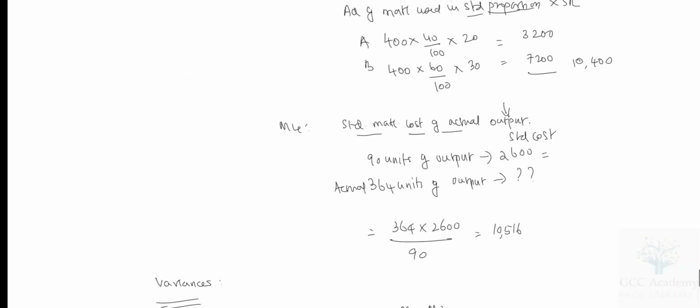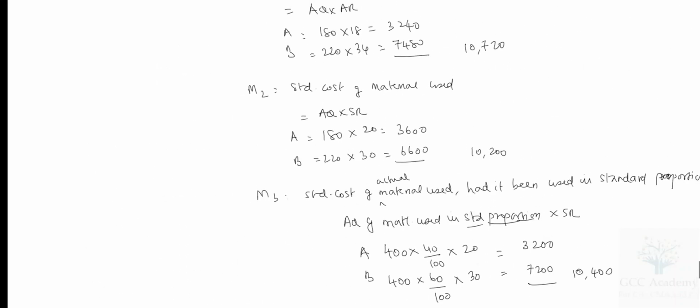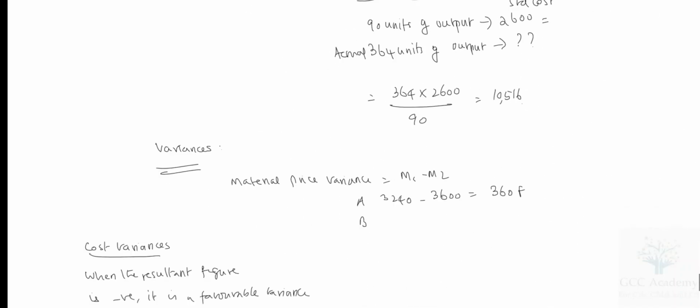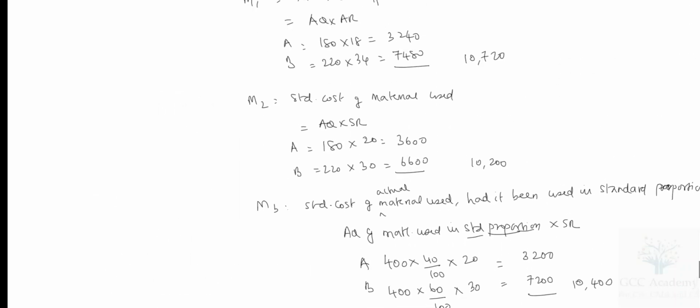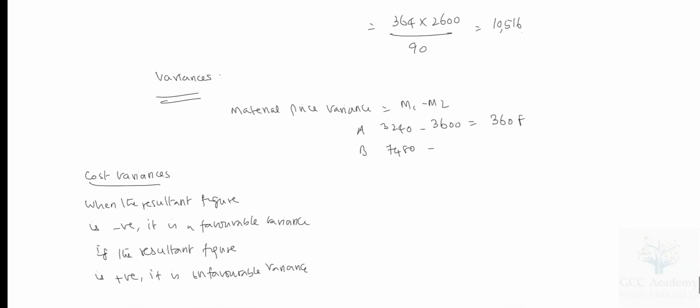Similarly for B, M1 7,480 minus M2 for B 6,880. So unfavorable balance. That is adverse or unfavorable.